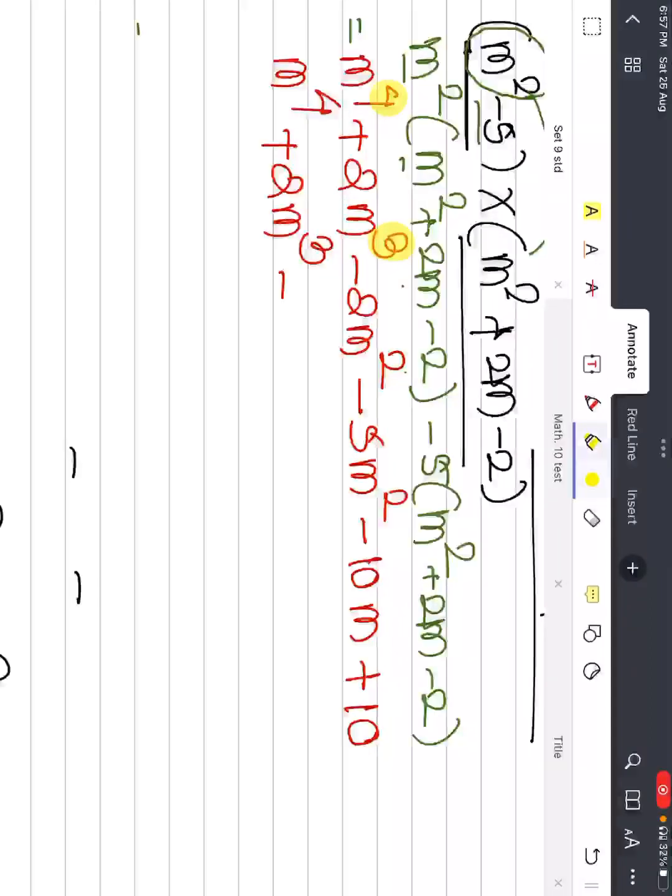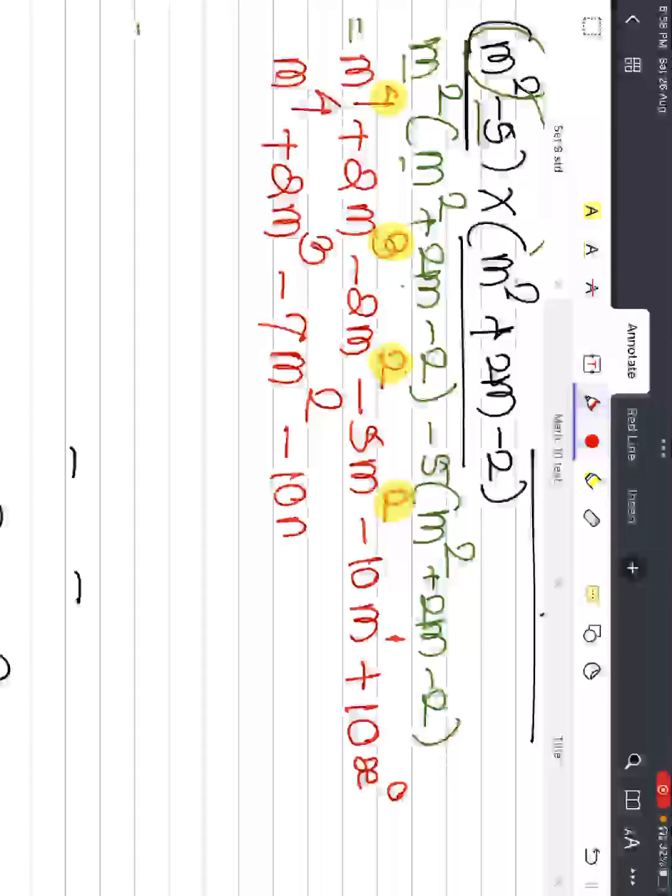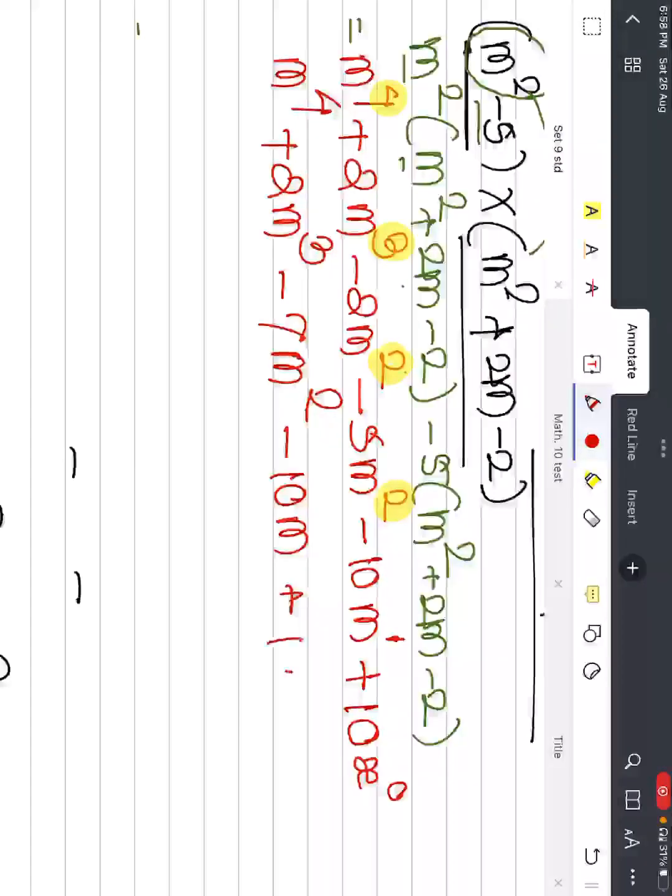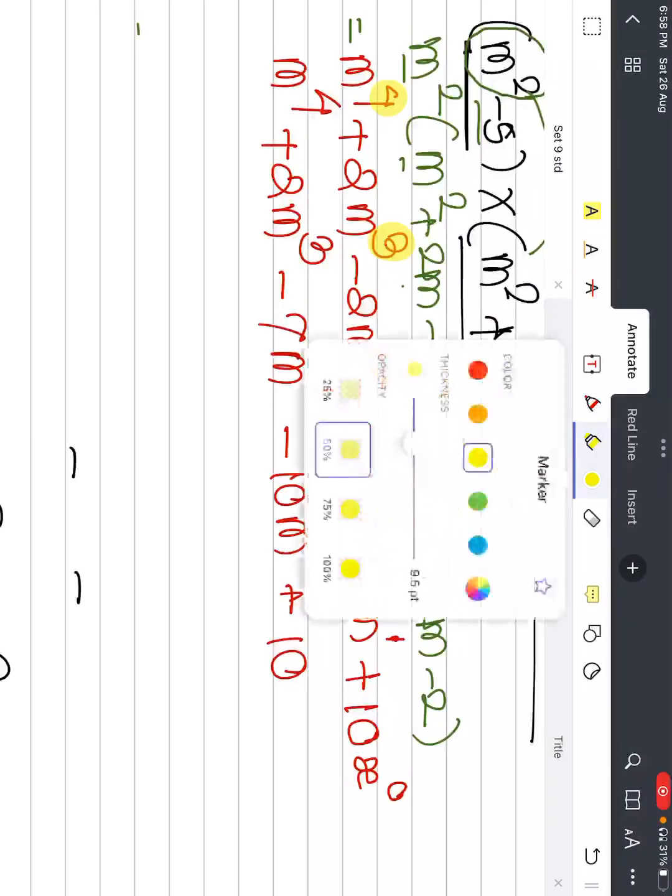Then we have two square terms, so we will add them: minus 2 minus 5 becomes minus 7m square. Now m raised to 1 is a single term and m raised to 0 is also a single term, so write them as they are. So plus 10m plus 10, and this is your answer.